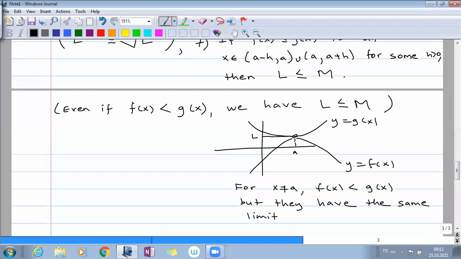So it is possible that although one function is strictly less than the other, around the point a, they may still have the same limit. So in the limit, we should use less than or equal to.